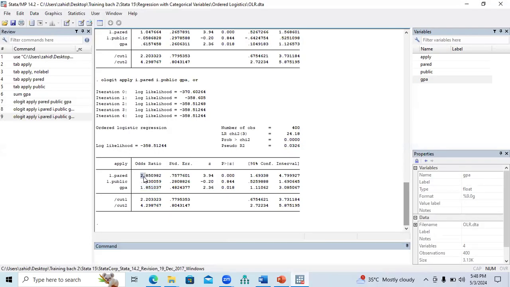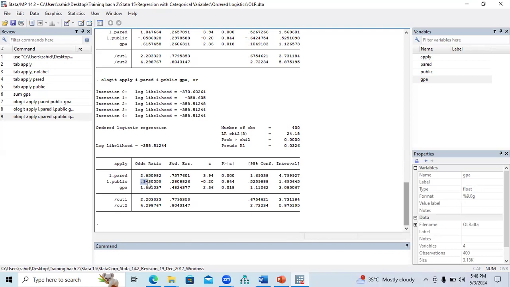If you see here, this is the odds ratio. It means if you consider a 1 unit increase in your parent education from 0 to 1, there is a 2.85 times chance. It is basically more than double the chance of applying in the higher category of application in that particular institute.